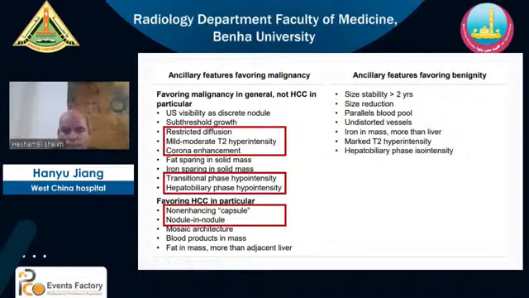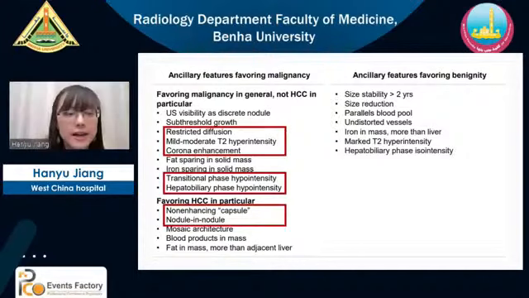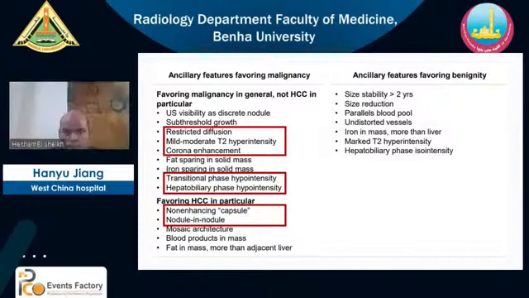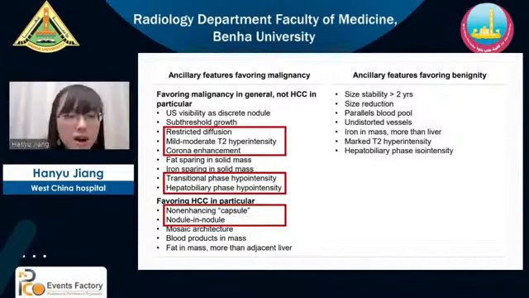In the following slides, I will delve into restricted diffusion, mild to moderate T2 hyperintensity, corona enhancement, transitional phase hypointensity, hepatobiliary phase hypointensity, non-enhancing capsule, and nodule-in-nodule appearance due to their clinical relevance and relatively high prevalence in liver imaging.